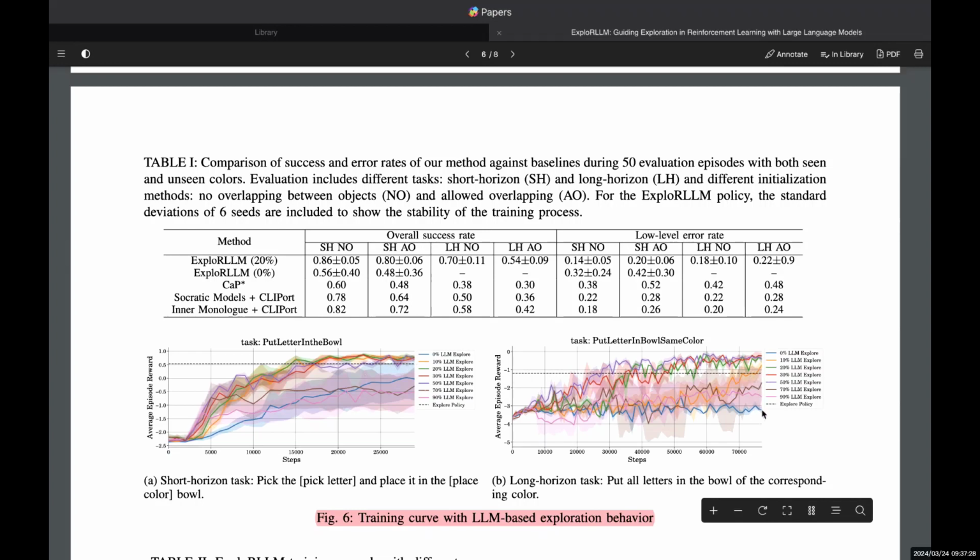However, the reinforcement learning itself cannot obtain a good performance, but with 50% strategies of the large language model, the reinforcement learning agents obtain a performance that is better than the large language model-based exploration policies.